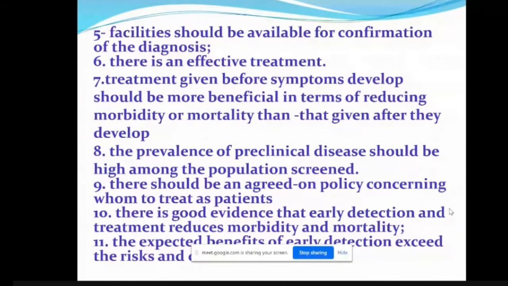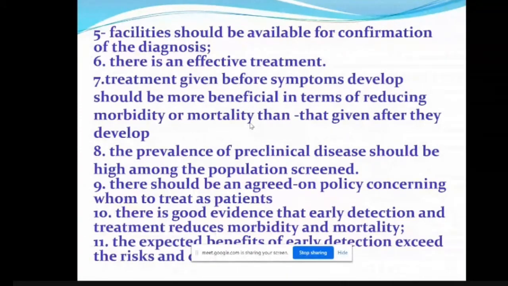And the most important, there should be effective treatment to be given in this stage of the disease. Because if there is no effective treatment, there is no benefit of the screening program, even if there are good screening tests. Also, a treatment given before symptoms appear should be more beneficial in reducing the rate of disease and reducing complications than if it is given after the symptoms develop.